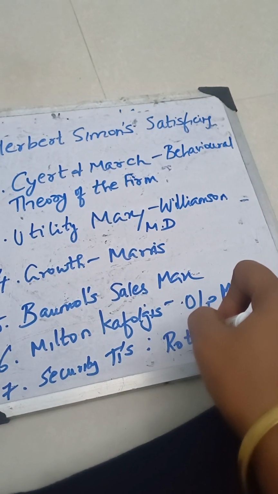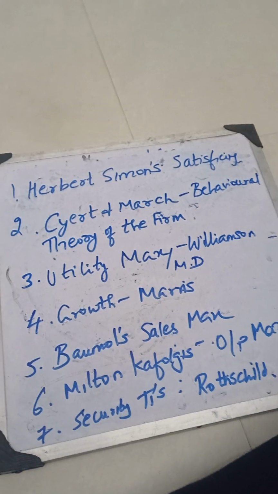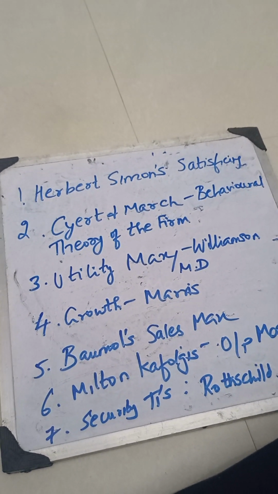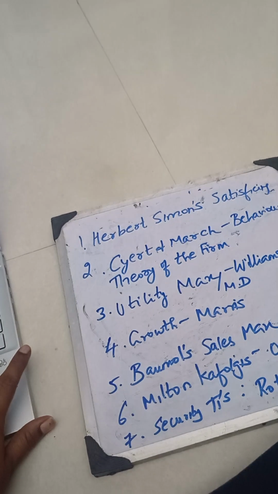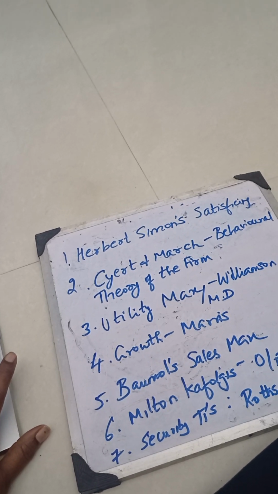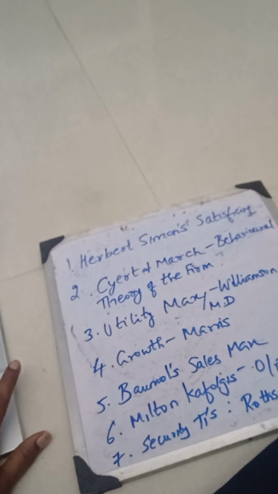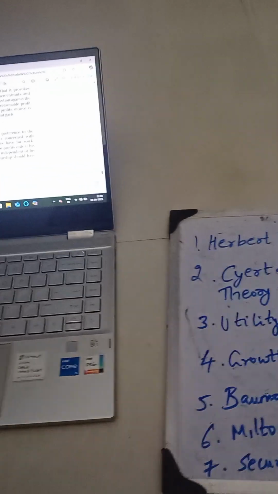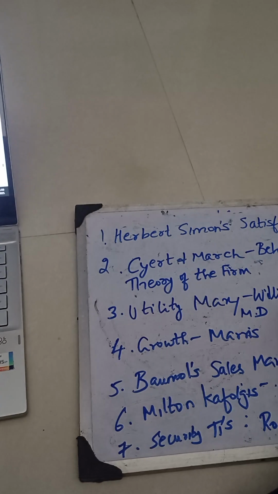So we find that different economists and different thinkers have given different objectives of a firm, and so there is a necessity to understand the varying objectives of the firm. Then of course we also have, last but not the least, Scitovsky.